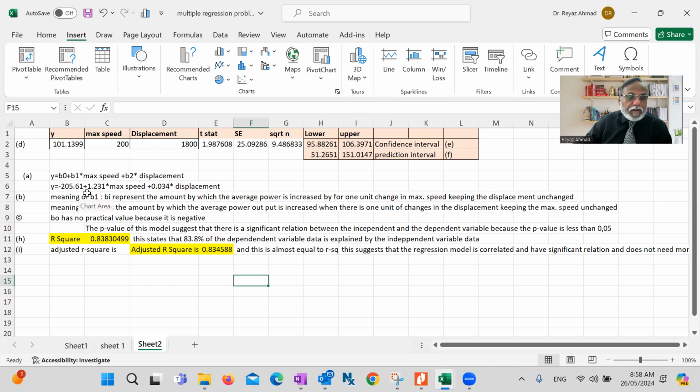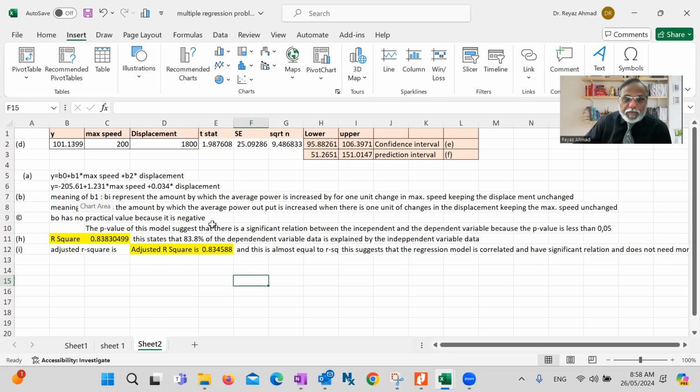This regression equation is highly significant because for each x1 and x2, out of 100%, 83.83% is explained by these independent variables. So this is important information regarding this regression model.